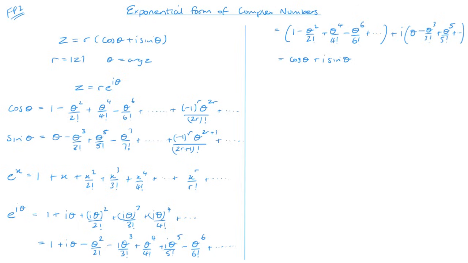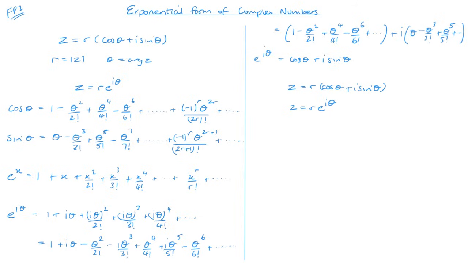Okay, so that's what e to the i theta is. e to the i theta is just cos theta plus i sine theta. That means we can go from our modulus argument form, and this cos theta plus i sine theta can be replaced with e to the i theta.